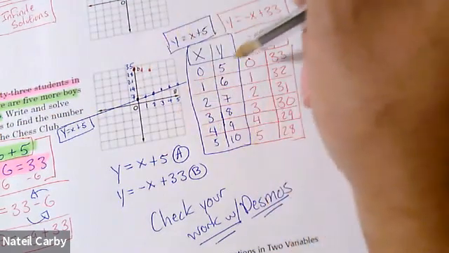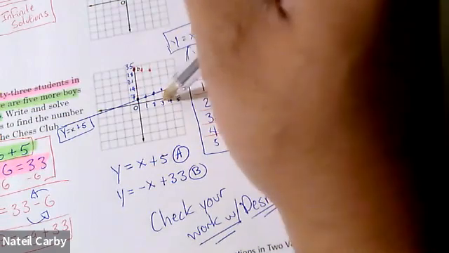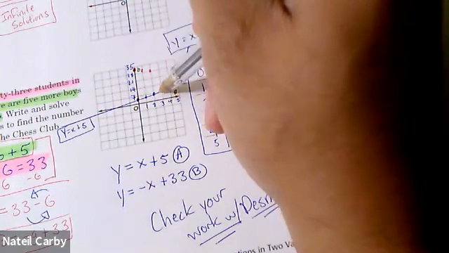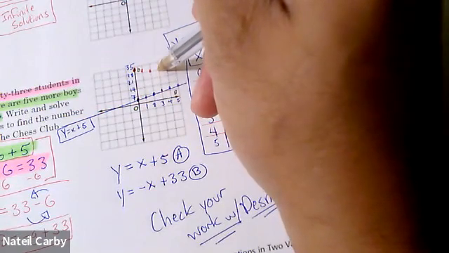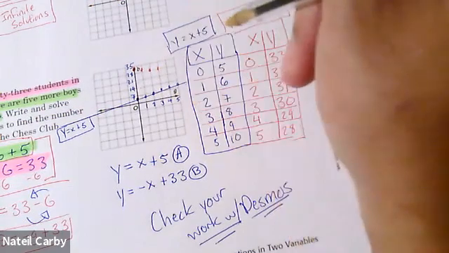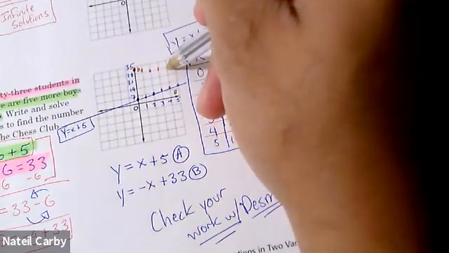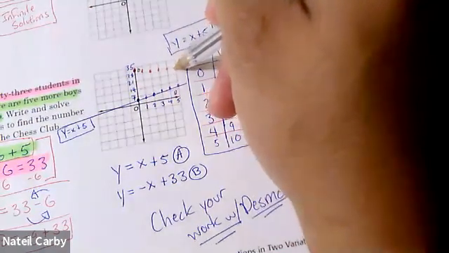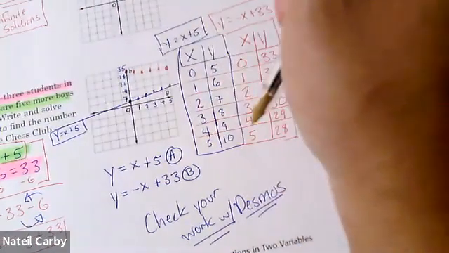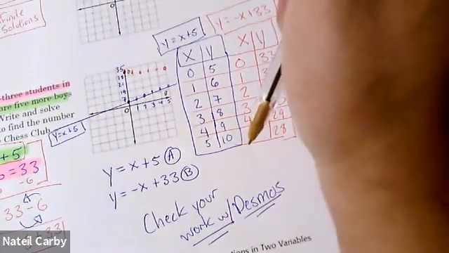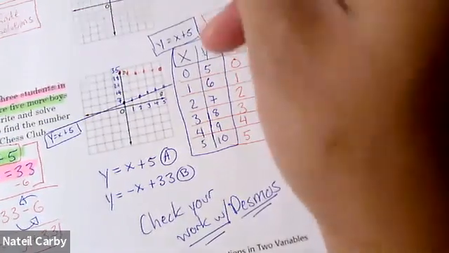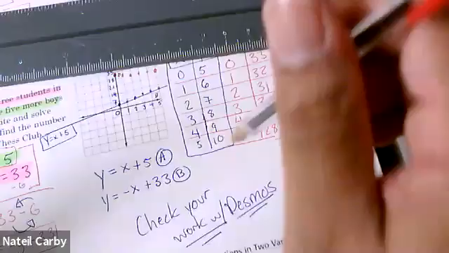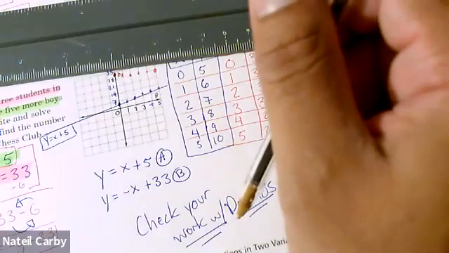Yeah, this is getting pretty ugly, curvy. 3, 30. Yep. 4, 29. Yep. 5, 28. Bam.